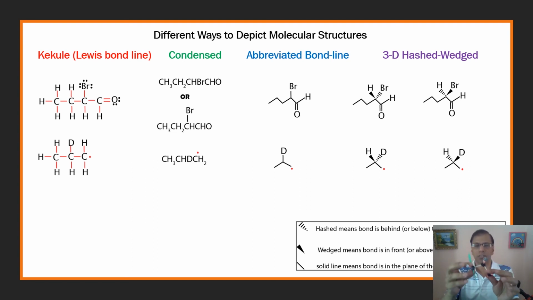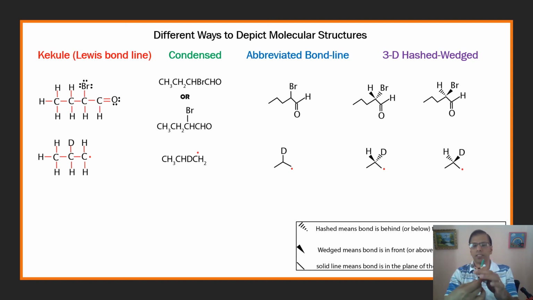This is the model I've made, and this green is the p orbital. This is the p orbital, and it has a single electron in it. And this is how it looks.